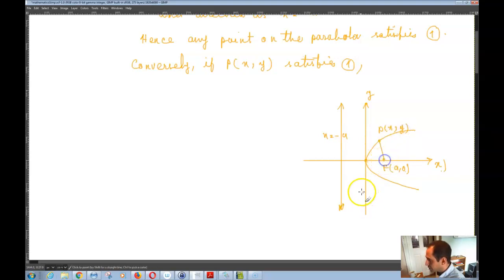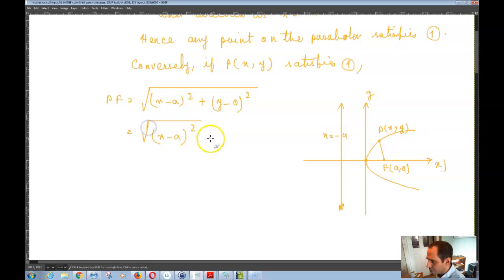and this distance over here, PF, if you calculate PF, using the distance formula, you can write the square root of x minus a whole squared plus y minus 0 whole squared, which is equal to the square root of x minus a whole squared plus y squared. So PF is going to be equal to this, of course.